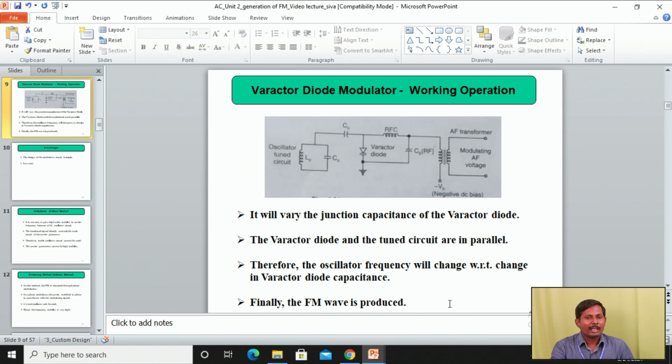So here the capacitance values change, therefore the frequency also changes with respect to the capacitance of the varactor diode. Finally, the FM wave is produced across the tuned circuit.